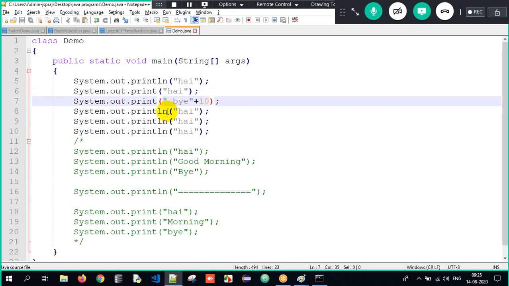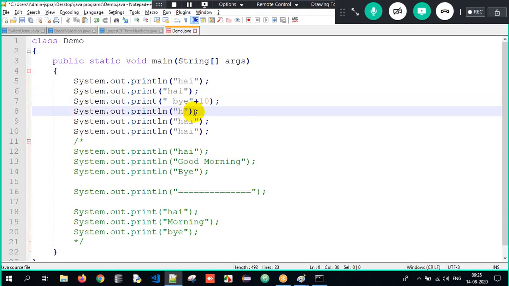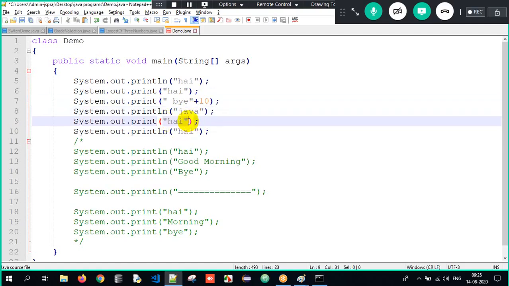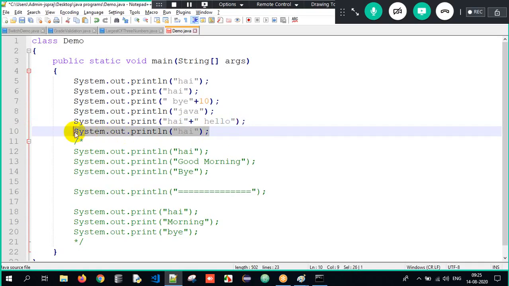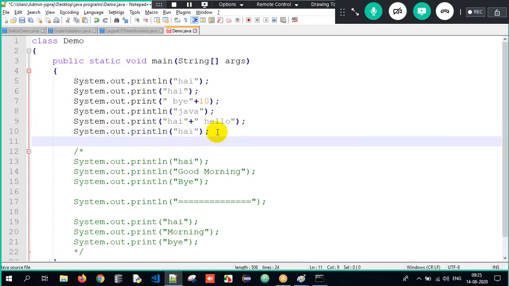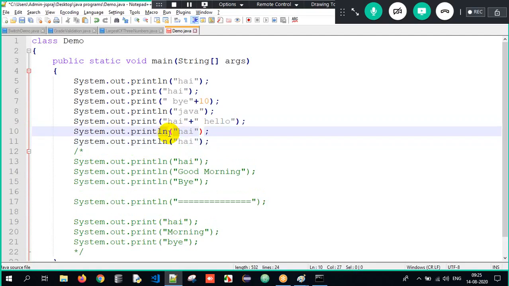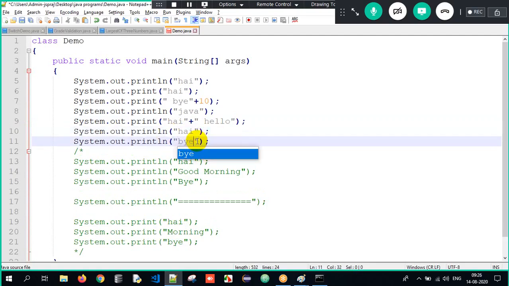Then I'll write it as Java, then println, then I'll write it as hi plus hello. Then println here, and finally I will write it as bye. Great guys, this is more than sufficient for me. Okay, this is all about my program.